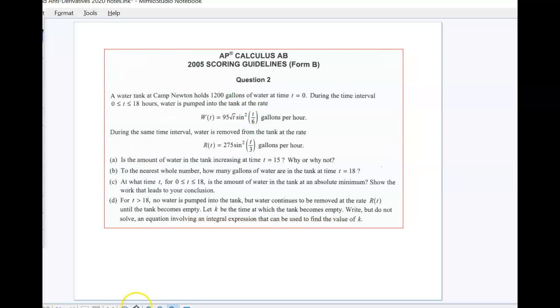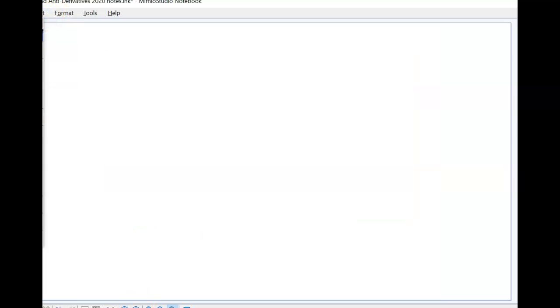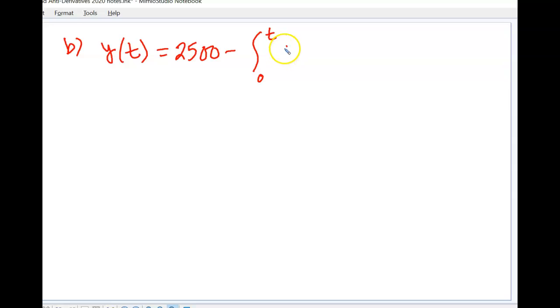So for this particular question, to set this one up, it's really pretty straightforward. For part B, the total amount of sand is equal to 2,500 plus the integral from 0 to some time t of the amount of sand added, and I'm going to just change the variable of the integral to x because I have t as time, minus the amount that's removed by the tide, dx.